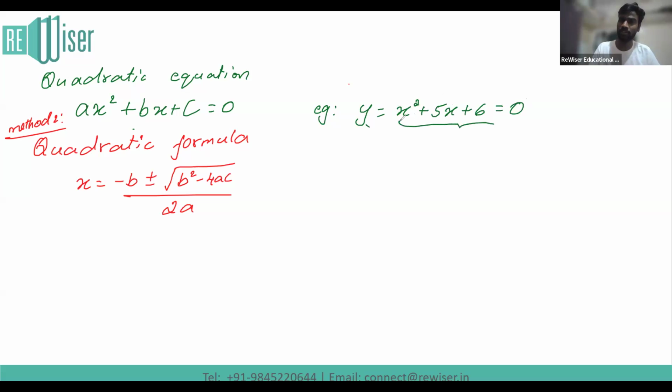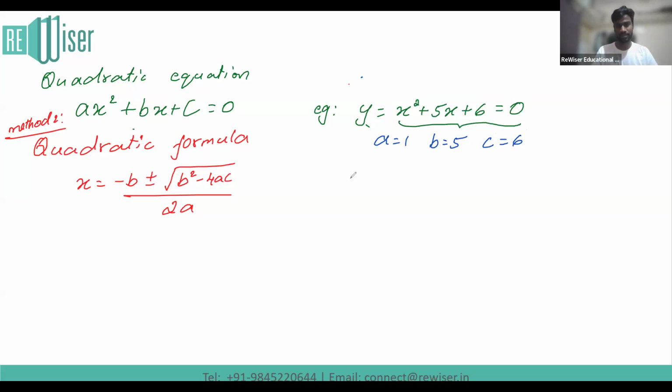If I need to solve this quadratic equation, if I compare it, in place of a we have 1, that's the coefficient of x squared. In place of b we have 5. And in place of c we have 6.